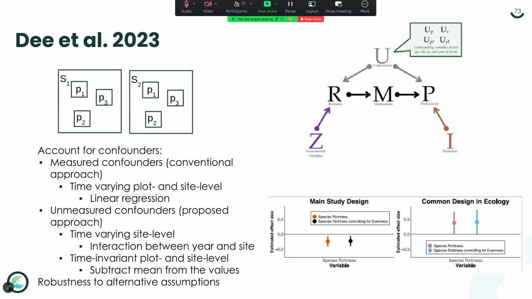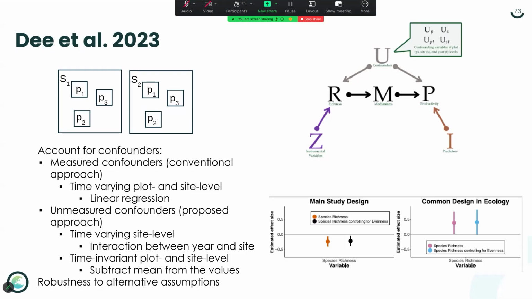So this is how they, in this first paper, by D and others, built this. Their starting point is, I tried to sketch this sampling design, that they have these two study sites, S1 and S2, and both study sites consist of 3 study plots, and all these plots are surveyed at multiple time points. So there is this explicit hierarchy in sampling.